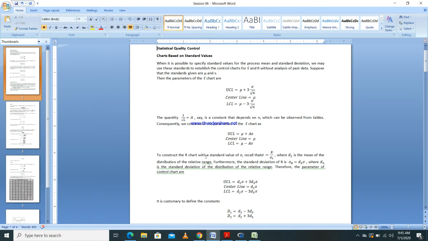Since we are interested in 3 sigma control limits, we have used 3 times the standard deviation of X bar, that is sigma over root n, in order to construct the upper and lower control limits. And 3 over root n is a factor which changes with the sample size, so you take it as A. If you rewrite the same equations for the X bar chart, the upper control limit is mu plus A times sigma, the center line is mu, and the lower control limit is mu minus A times sigma.